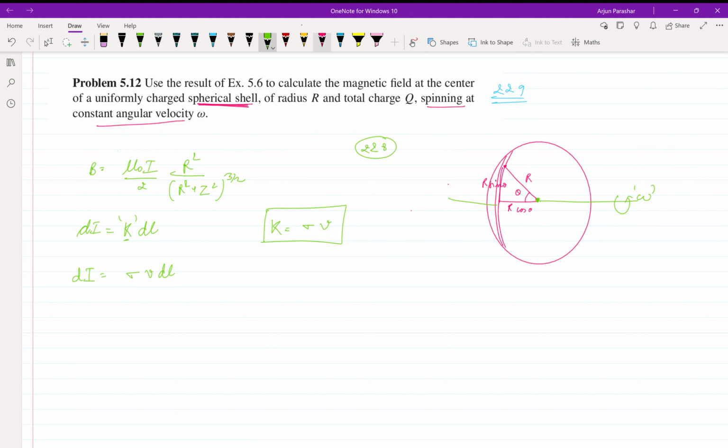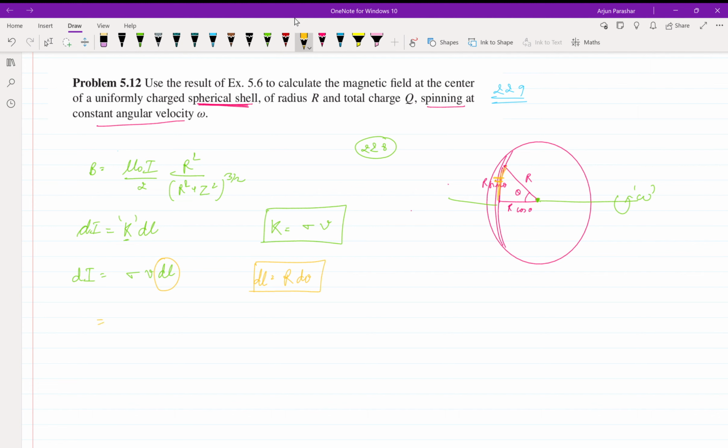What is dl? dl is the length element, which is r d theta. Suppose this is the strip, we'll consider a small angle. So the length element is r d theta only.